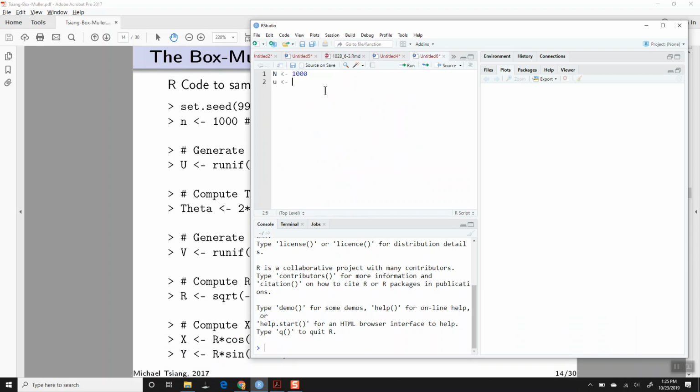And so u is going to be runif, and we're going to take n of these things. And v will also be runif, and we'll take n of these things.